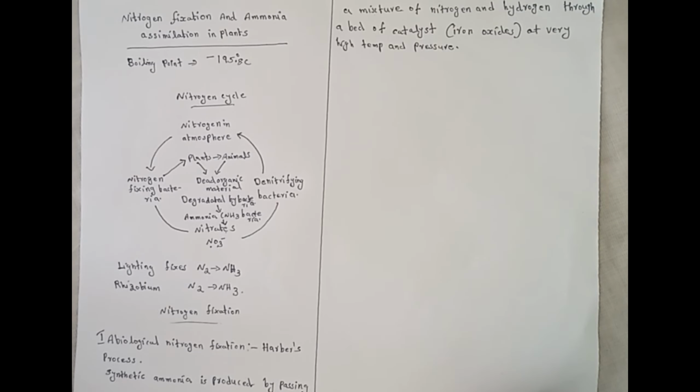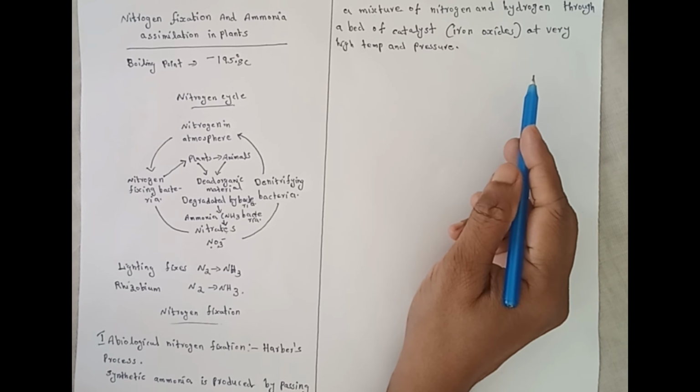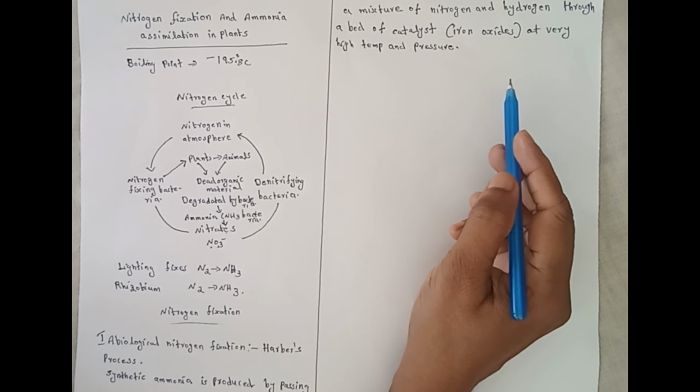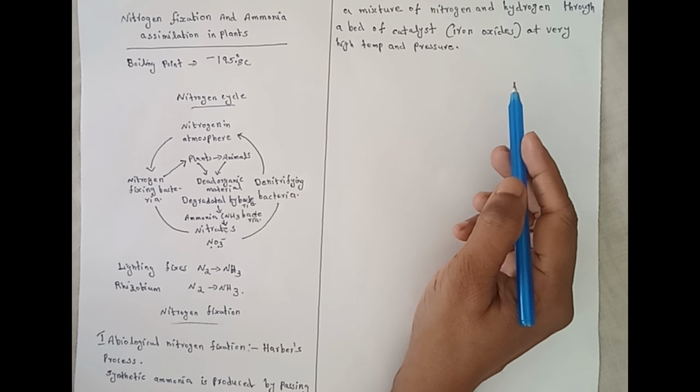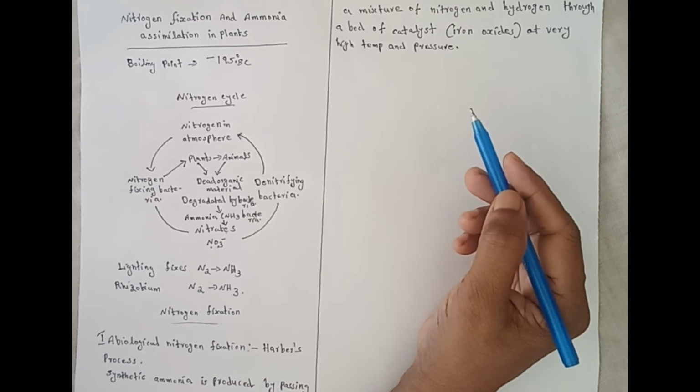In Haber's process, synthetic ammonia is produced by passing a mixture of nitrogen and hydrogen through a bed of iron oxide, that is the catalyst, at a very high temperature and pressure. Next, biological nitrogen fixation.